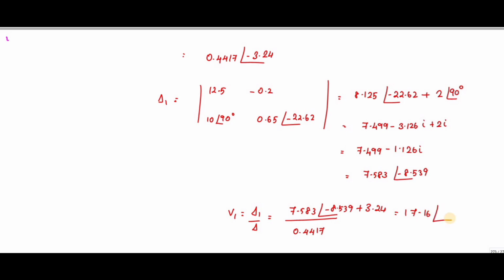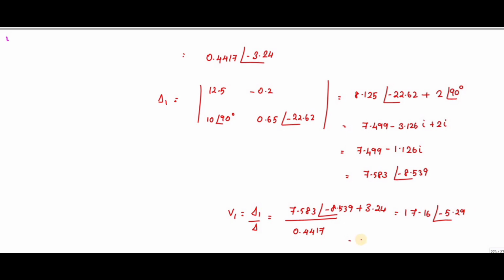and 8.539 and 3.24. So if I subtract, I will get minus 5.29. Okay. So if I convert polar to rectangular form, answer is 17.16 and this one is 5.29.